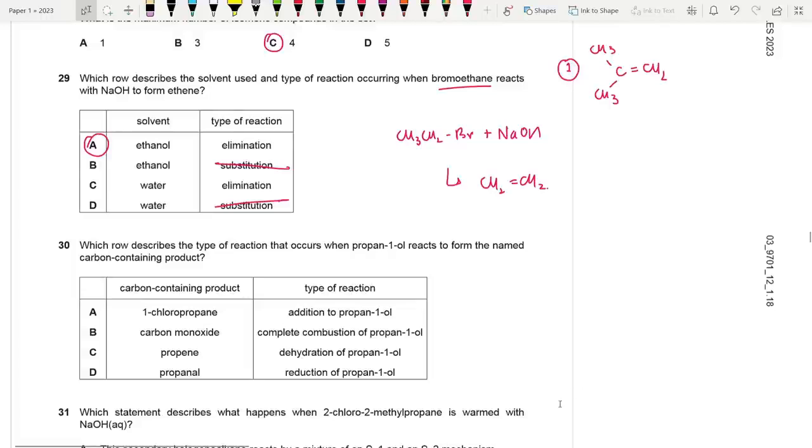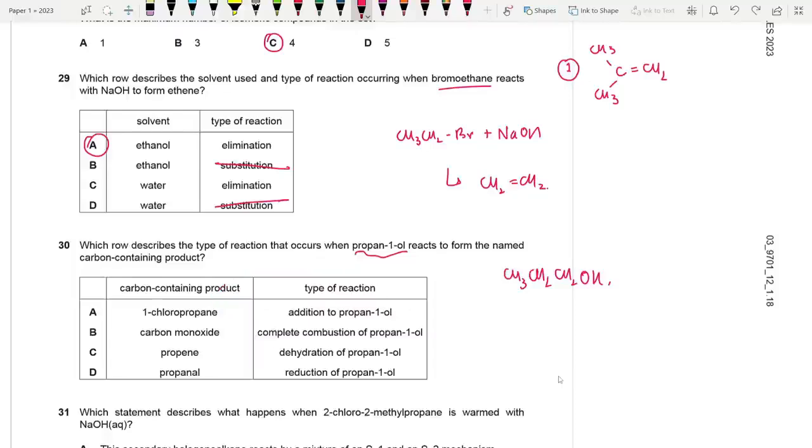Which row describes the type of reaction that occurs when propan-1-ol reacts to form the named carbon-containing product. Propan-1-ol, CH3CH2CH2OH. Okay, so propan-1-ol reacts to form the named product.